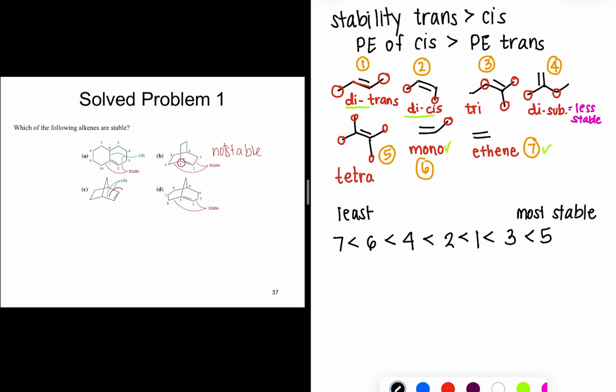At C, you have a cis double bond and you don't have a double bond at a bridgehead carbon. This one is stable. In D, you have a double bond at a bridgehead carbon. However, the ring system is 8 carbons or more, so this one is stable.